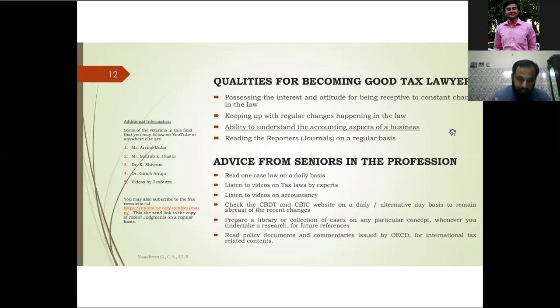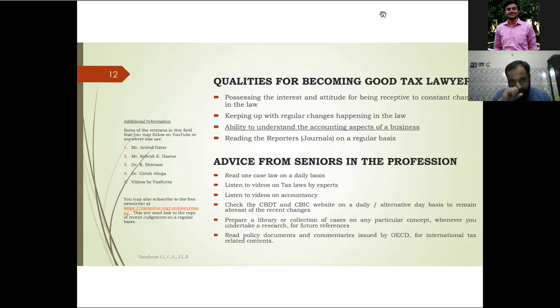But if you're doing just one of these, then it's still manageable. You keep on getting regular updates, and you have to keep up with all of those changes, because if you are looking at any transaction, any issue, you must apply the law, the notification that has come, the circular that has been issued. All of that is mandatory. You have to have a hold of all of them.